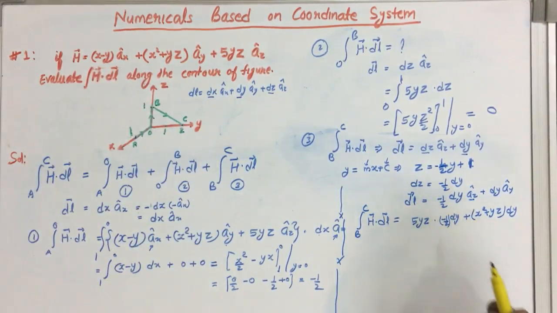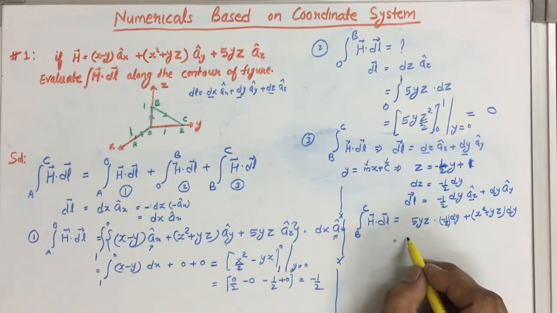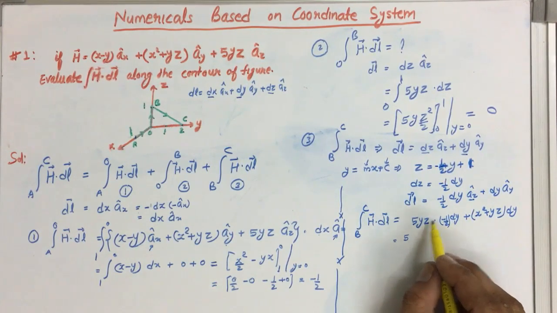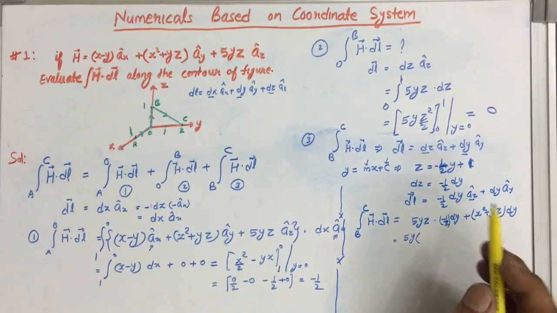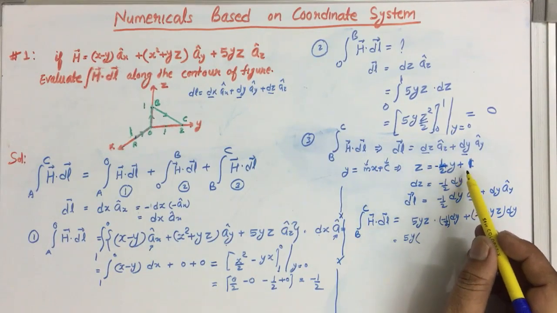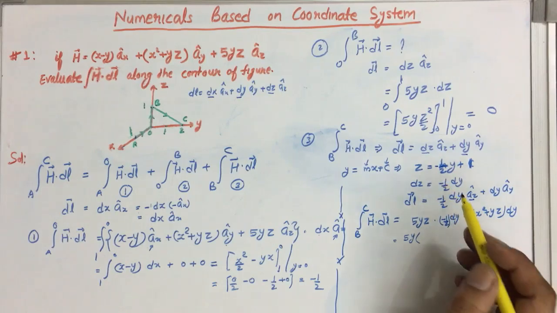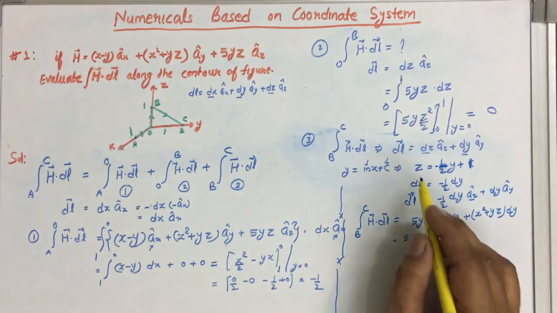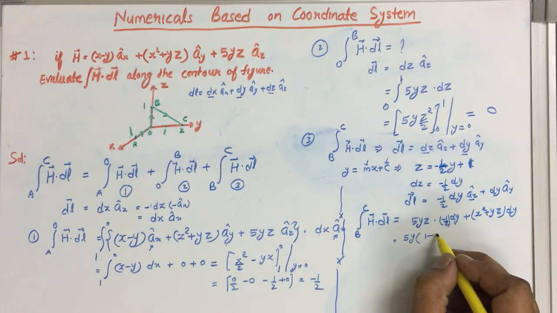Now z can be written as, because y is changing, so we will place z in terms of y. z will be 1 minus y by 2.